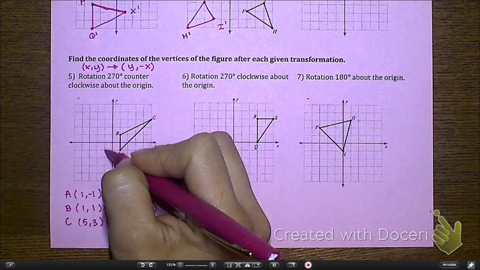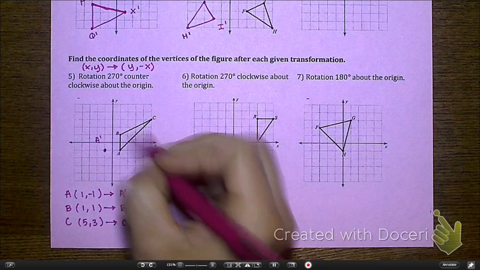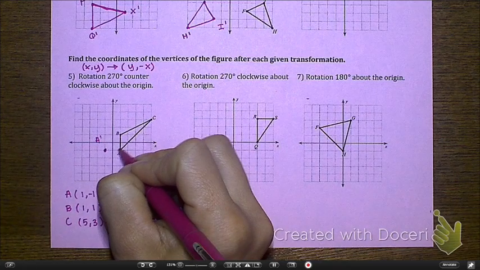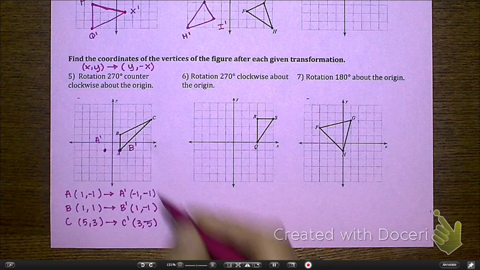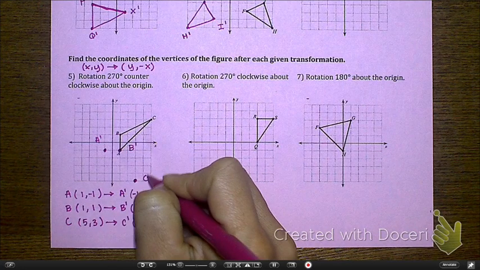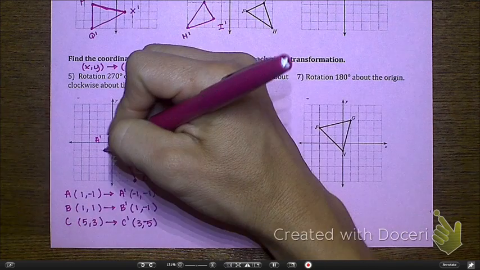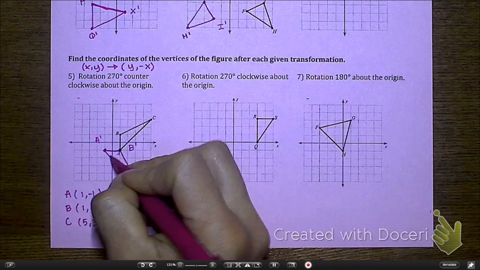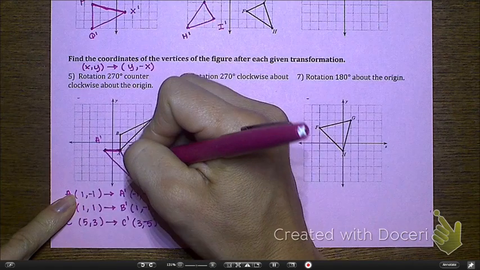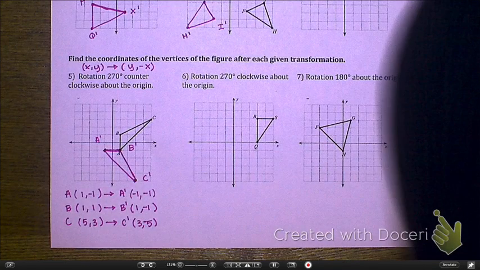Okay, so now let's graph these points. (-1, -1). (1, -1). (3, -5). Now, if you're not believing me that this rotated to the correct place, actually get out your trace paper and trace it and do the rotation manually.